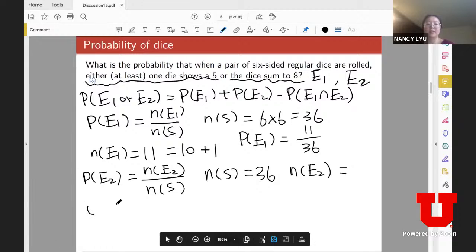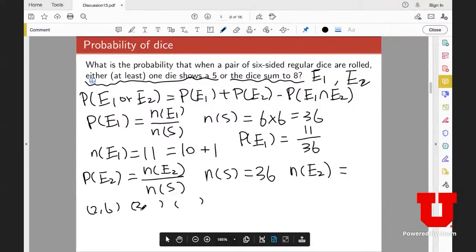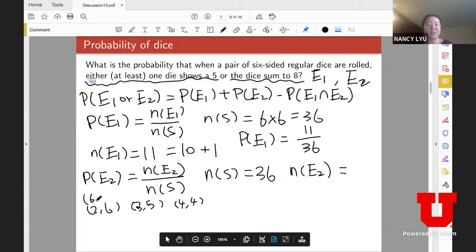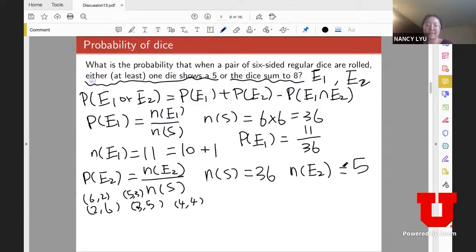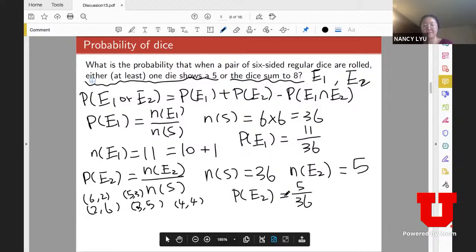What are the combinations here? 2 and 6, 3 and 5, 4 and 4, 5 and 3, and 6 and 2. Mm-hmm. And you can switch the position of the 2 and 6. So that will give you a total of 5 outcomes where the dice sum to 8. So your P(E2) is 5 over 36.